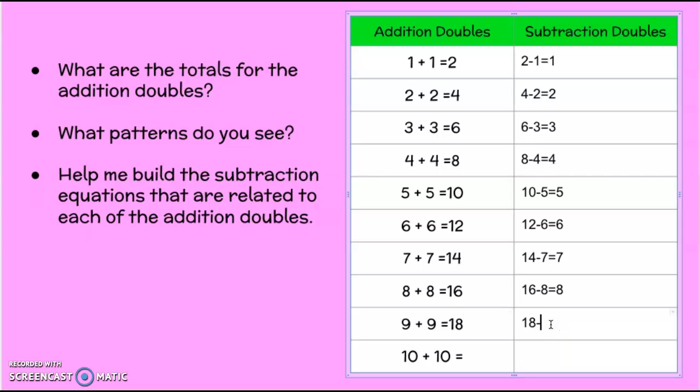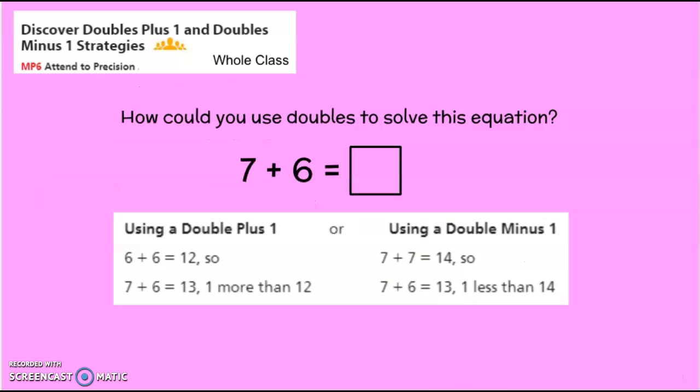So 18 minus 9 equals 9. And well, here's another quick one. 10 and 10 makes 20. So 20 minus 10 equals 10. All right, nice work. So those are the subtraction doubles that match those addition doubles.